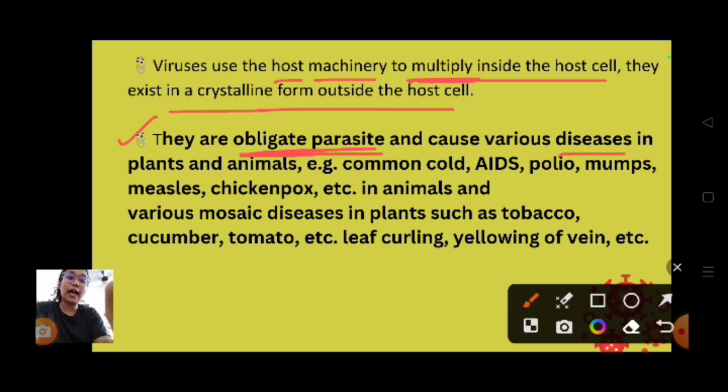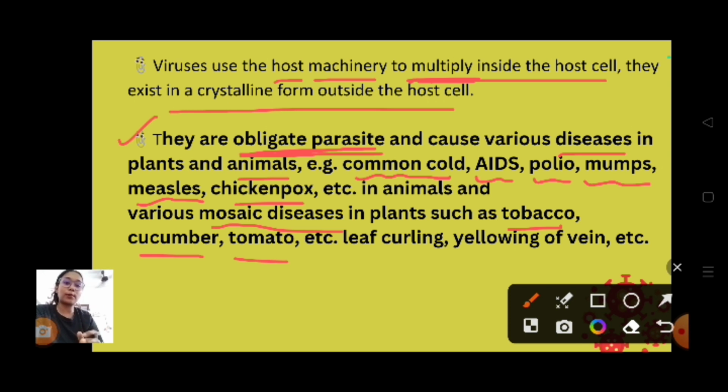In animals they cause common cold, AIDS, polio, mumps, measles, chicken pox, etc. You have to know the names of the diseases caused by viruses in animals, for short questions. In plants, they cause mosaic disease, in tobacco plants, cucumber plants, tomato plants, etc.